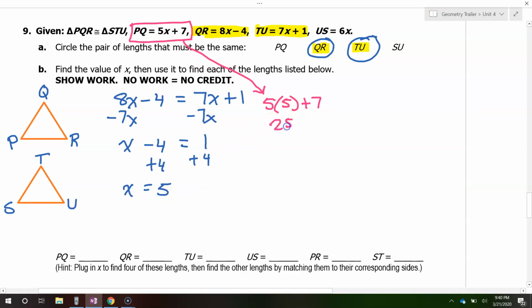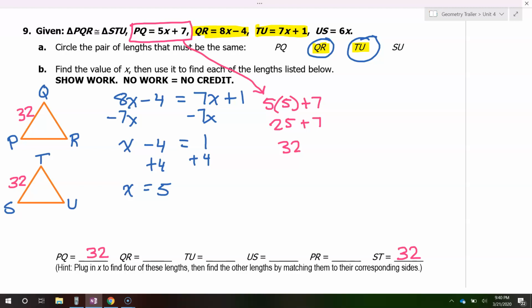That's going to be 25 plus 7, which is going to be 32. So PQ is 32. Okay, so that means this is 32, and this is 32, by the way. So ST, that's over here. So might as well fill that in right now. So ST is 32. All right, what is next?